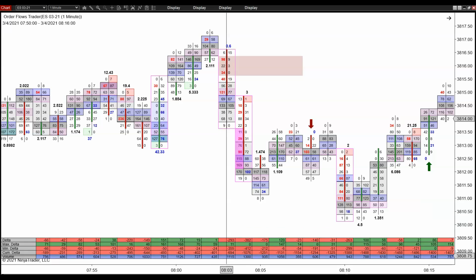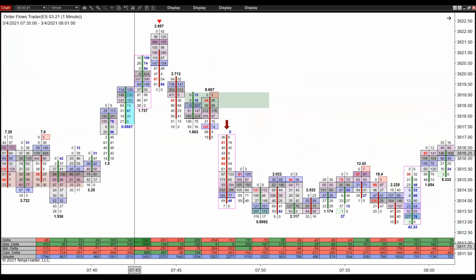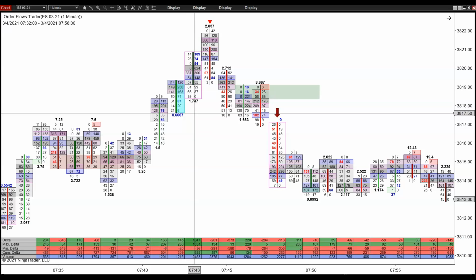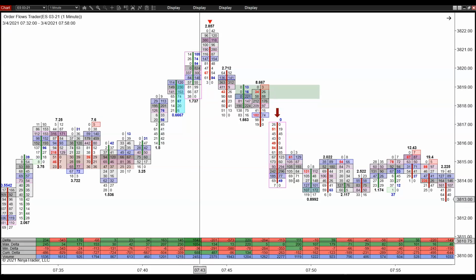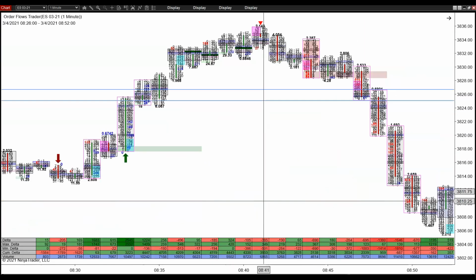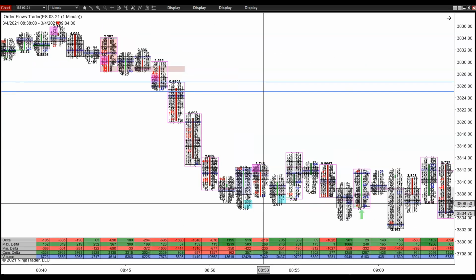When cumulative delta is only 600, 500, 300, and you get a bar with a volume of 1,000, this 1,000 is obviously going to wreak havoc on your cumulative delta. Once you get into the trading day, it's really going to reassert itself.